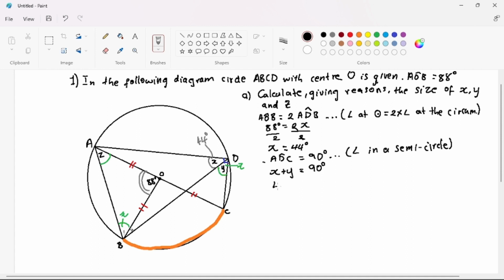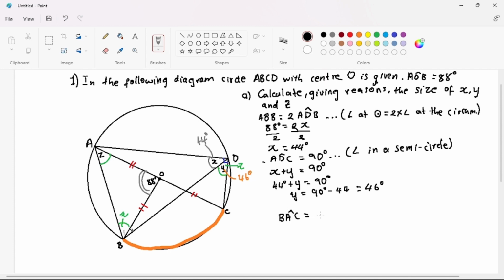So we know x is equal to 44 degrees, plus y is equal to 90, and then we are going to transpose: y is going to be equal to 90 minus 44, and 90 minus 44 is going to be equal to 46 degrees. So we also know that y is 46 degrees.